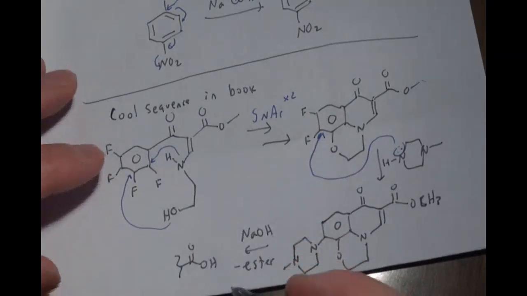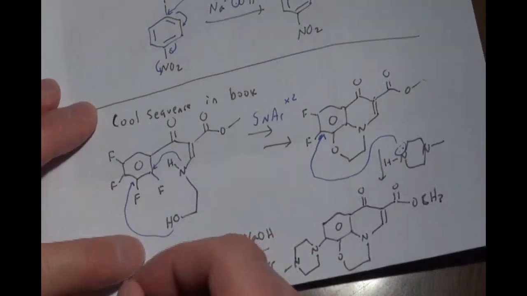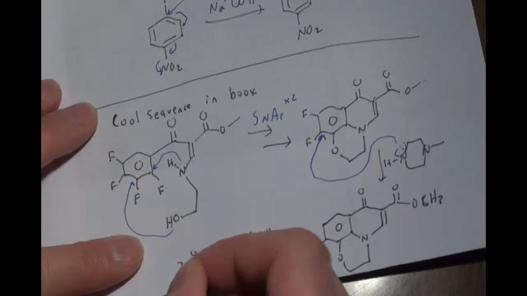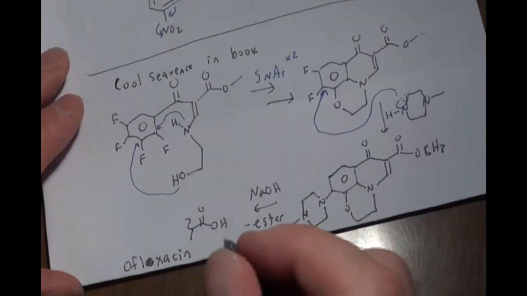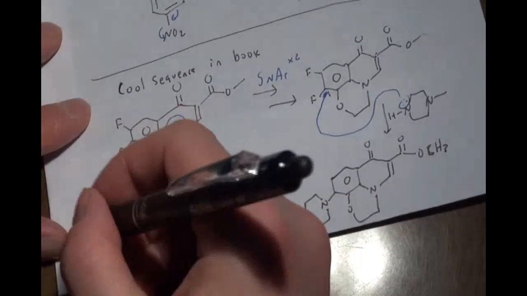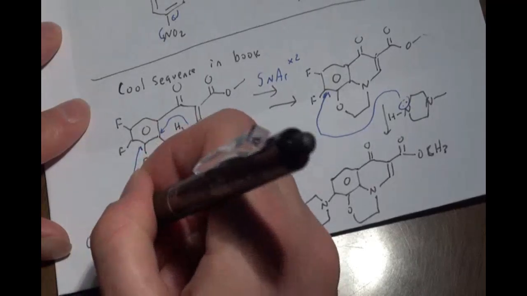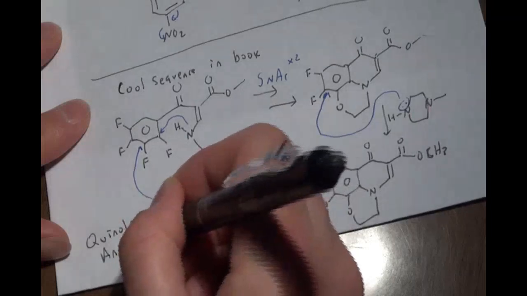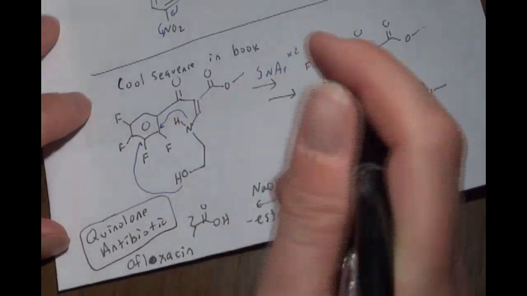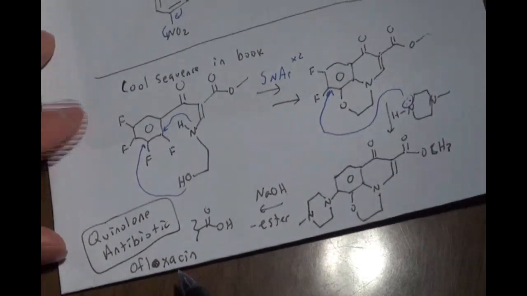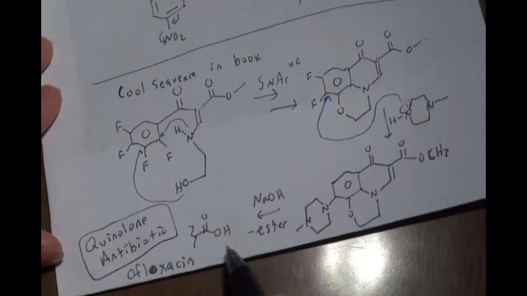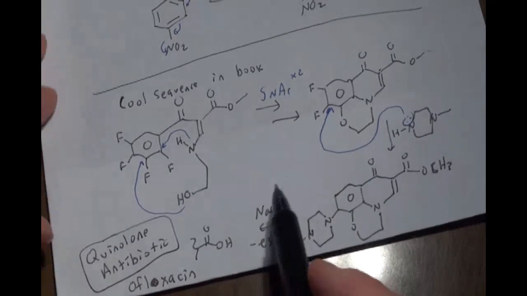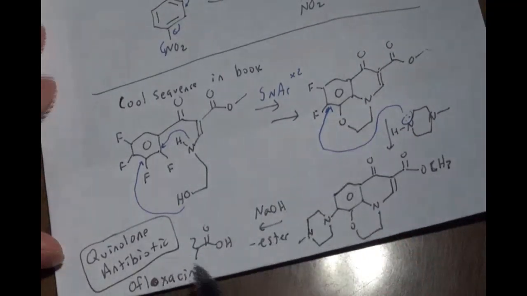This molecule is called afloxacin, a quinolone antibiotic. So, not useful for the coronavirus because it's an antibiotic, but it is one of the major clinical antibiotic drugs. It's a pretty cool example of a synthesis to make this molecule.